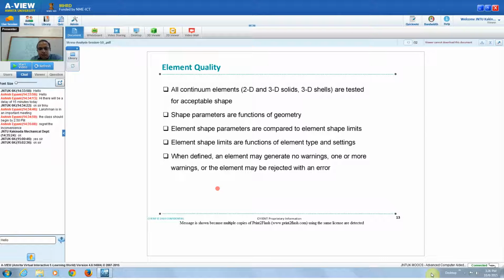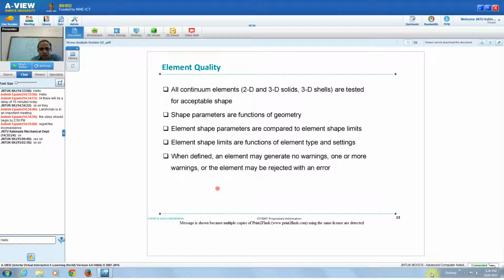In ANSYS, if you give all those element quality settings and try to mesh, and because of mesh size the mesh generates error elements, then that mesh will not be generated, saying that because of user input, error elements are getting generated.